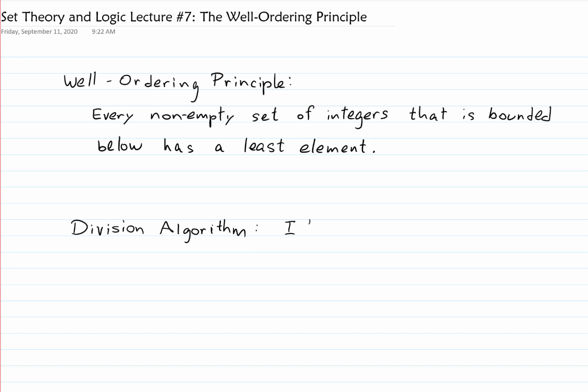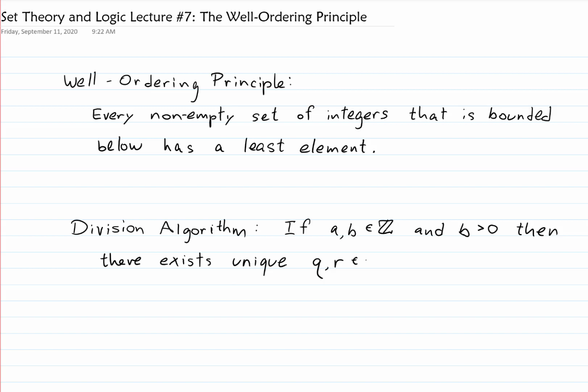Okay, it says if a and b are integers and b is greater than 0, then there exist unique integers q and r such that, I like to abbreviate such that with just s.t.